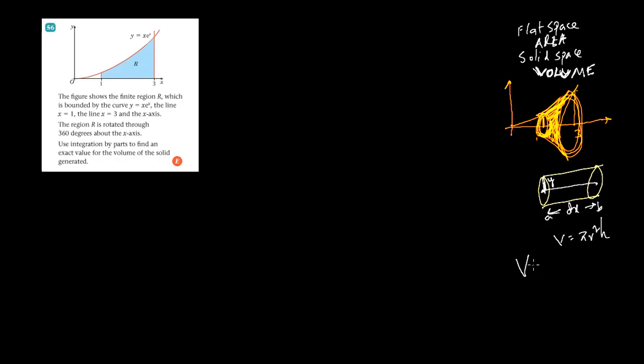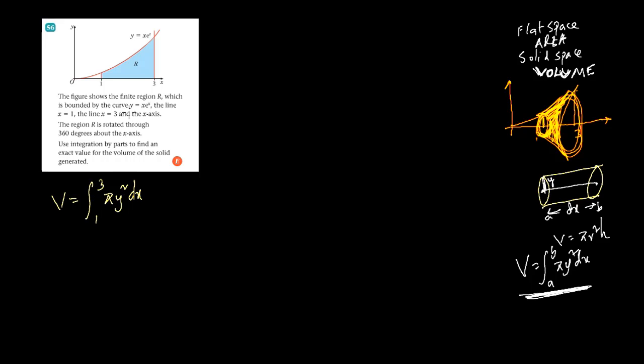By integration we do this: limit A to limit B, pi, radius is y squared, height is dx. So pi y squared dx is how you do the volume. For this particular sum, we know the limit is from 1 to 3, so we write 1 to 3 is the limit, pi y squared dx. So that's the Cartesian rule for the volume.